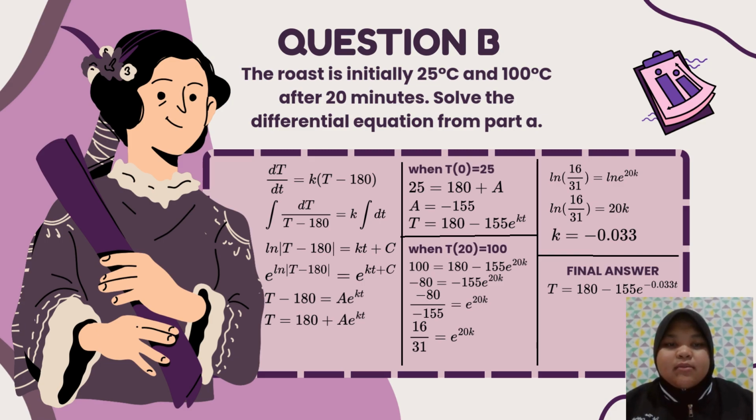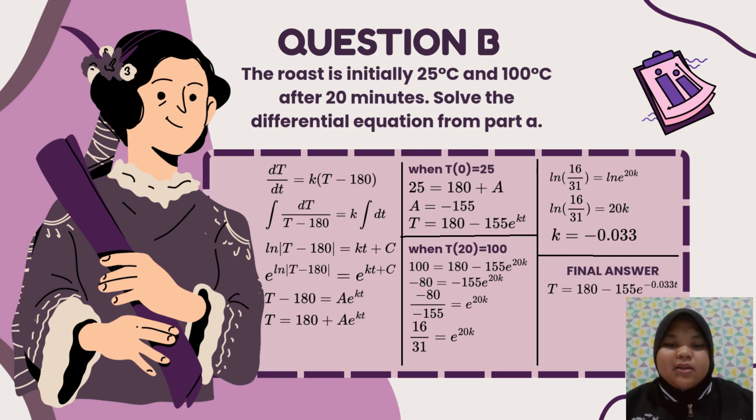This equation tells us that the rate at which the temperature changes depends on the difference between the temperature of the roast and the surrounding temperature. Next, to solve this differential equation, we separate the variables. This allows us to integrate both sides of the equation.